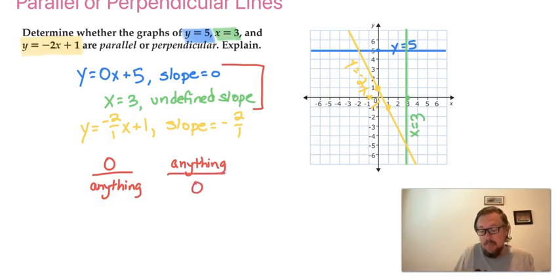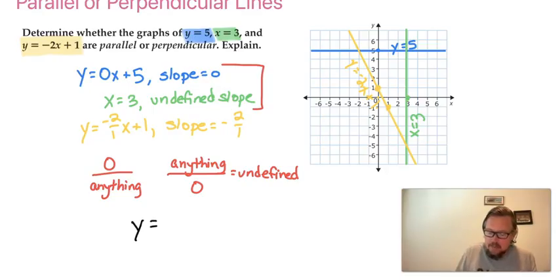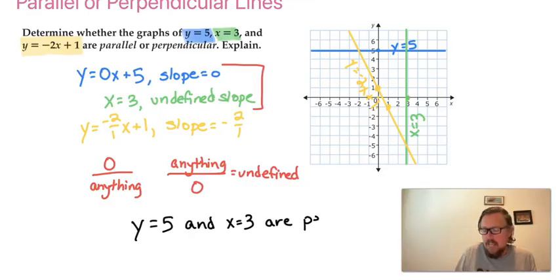And anything divided by 0 is undefined. You have 0 in the denominator, it's undefined, period. So the reciprocal of 0 is undefined, which means that y equals 5 and x equals 3 are perpendicular. A horizontal line and a vertical line are perpendicular to one another.